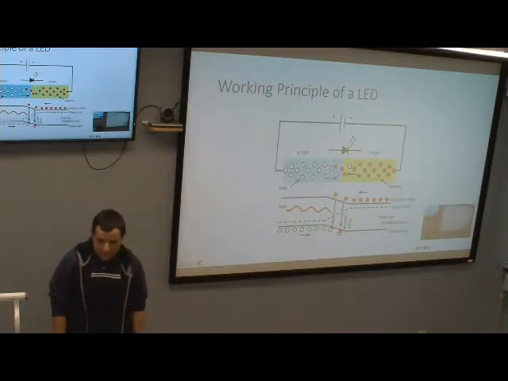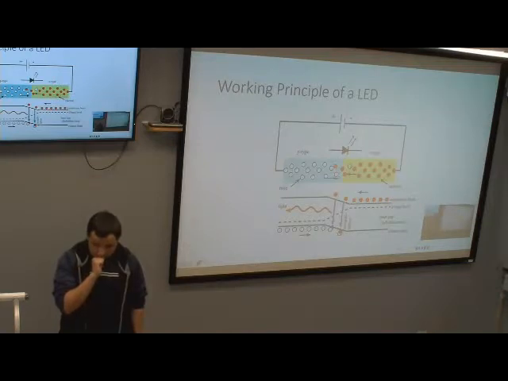Then it can work in 2 ways. If you let current flow through it, it may shine light. If you shine a light on it, it may give you a current. This serves as a source for 2 industrial applications: collecting light or emitting light.